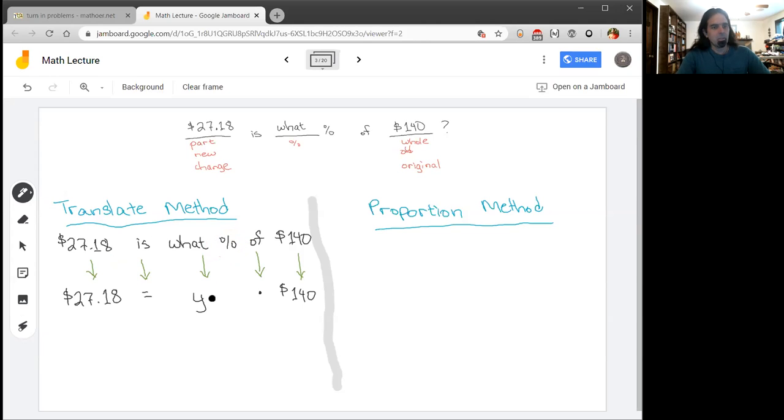Okay, something is stuck onto y with a times 140, so the opposite is divided by 140. So we get about 0.19.